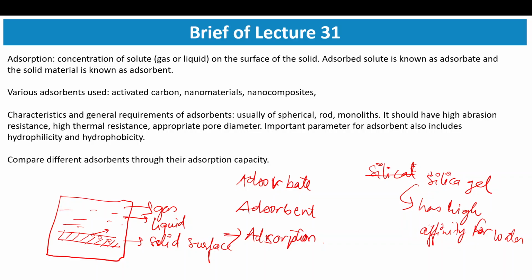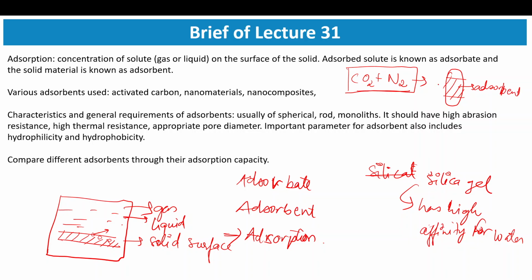Another method, from an industrial perspective, is if you have a mixture of CO2 and N2, which is obtained when you burn coal in power plants to generate electricity. This CO2 will be adsorbed on an adsorbent, which you can use here also for this process.